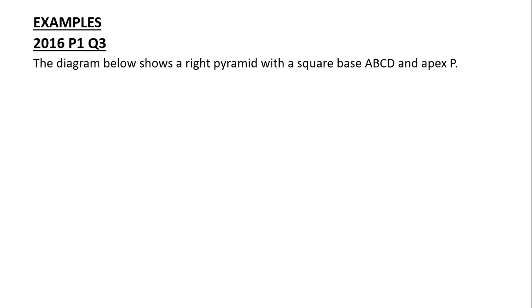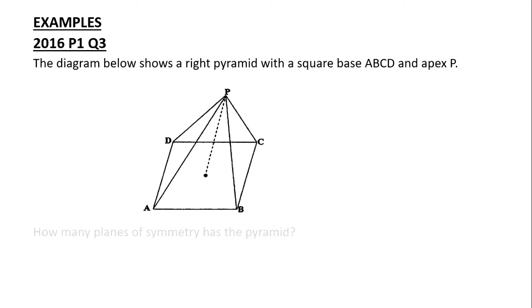Examples. 2016. The diagram below shows a right pyramid with a square base ABCD and apex P. How many planes of symmetry has the pyramid? Since the base is a square and the square has 4 lines of symmetry, the pyramid has 4 planes of symmetry.